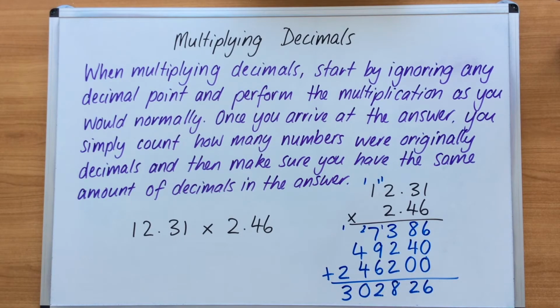Went ahead of myself then. So now we have 302826. This is not finished because I need to add my decimal places in.